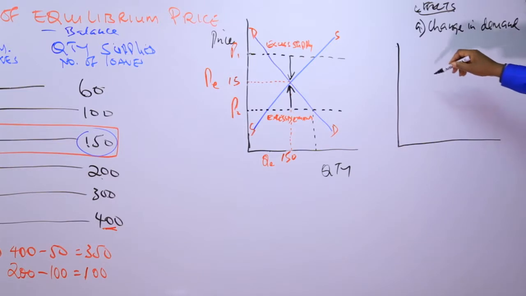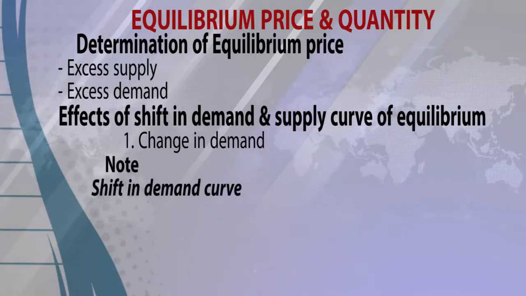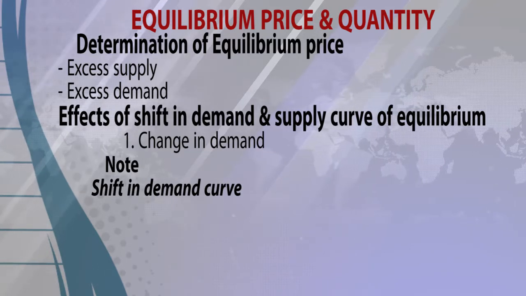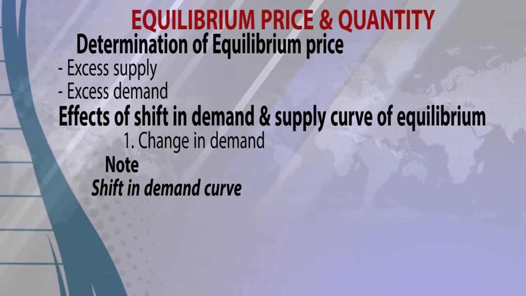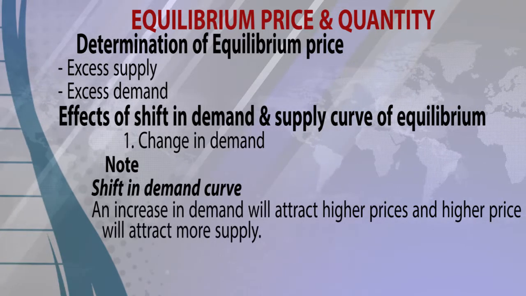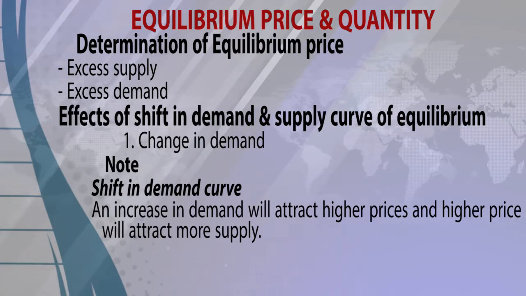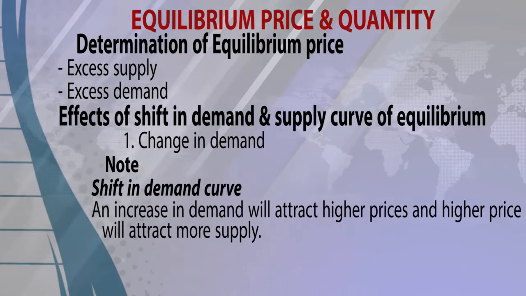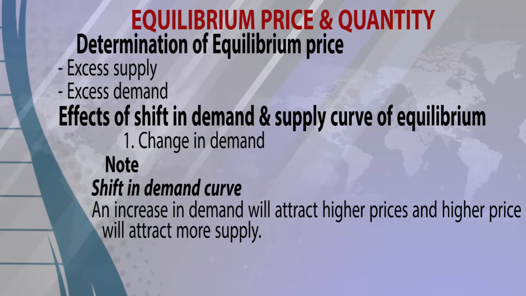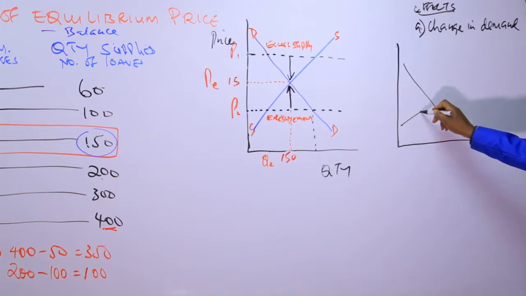Assuming now this is the demand curve. Remember, when we are talking about shifts in demand curve, we say that an increase in demand will attract higher prices, and the higher prices will attract more supply, assuming now this is the supply curve.